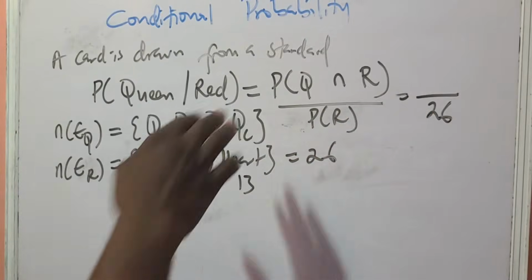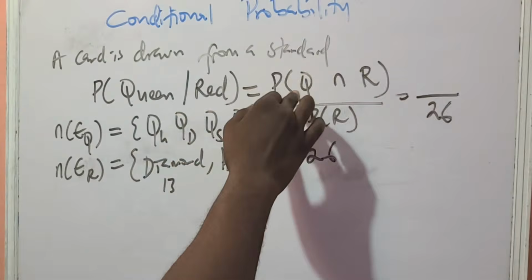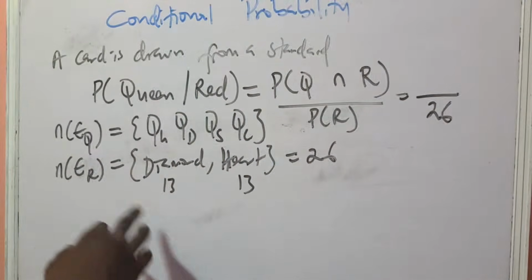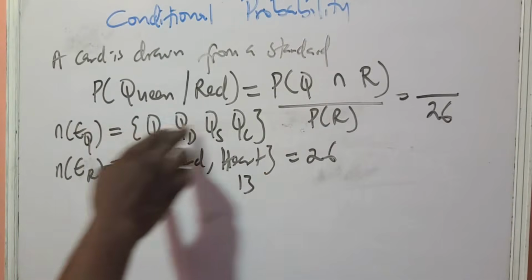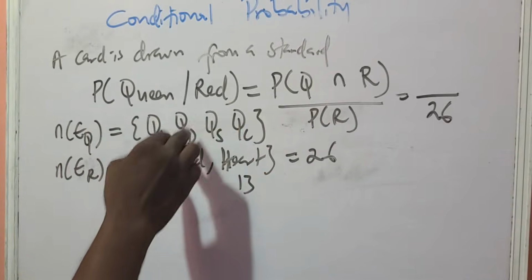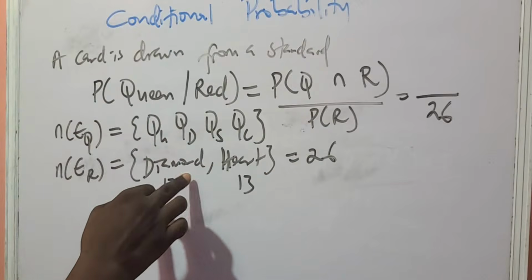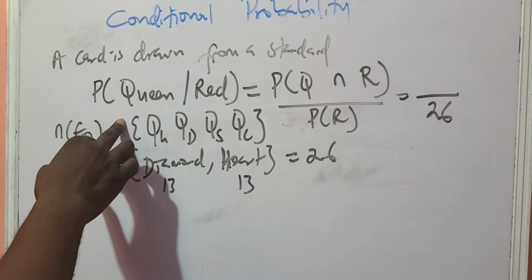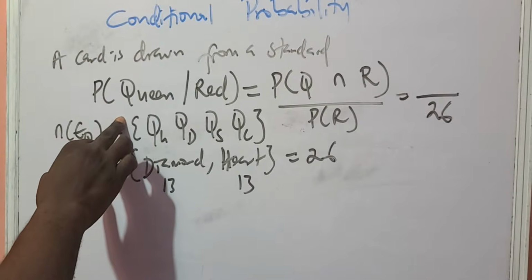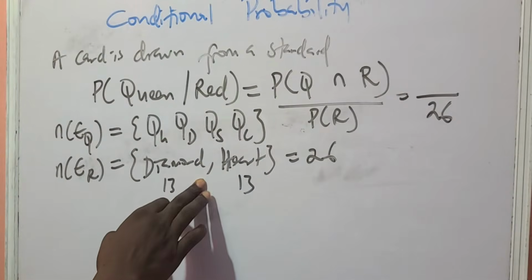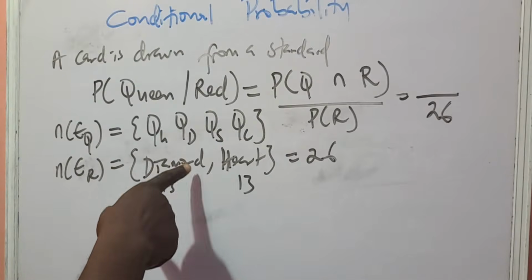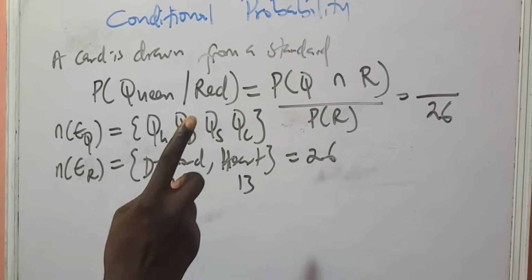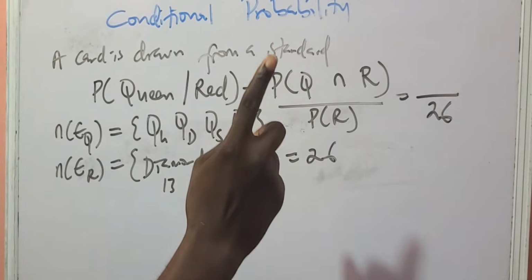Now, to understand the numerator, which is the probability of queen intersection red, the question to ask yourself is: these are the red cards, we have diamond, we have heart. How many of them are queen? What's the intersection between all the elements in the queen event space and all the elements in the red card event space? For diamond you have 1 queen, and for heart you have 1 queen.